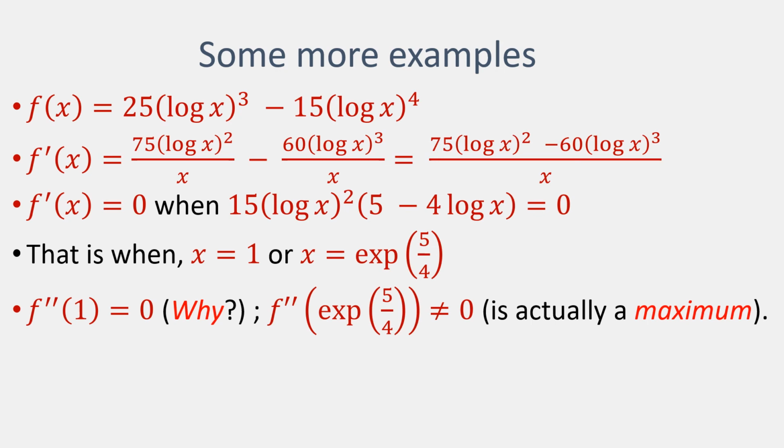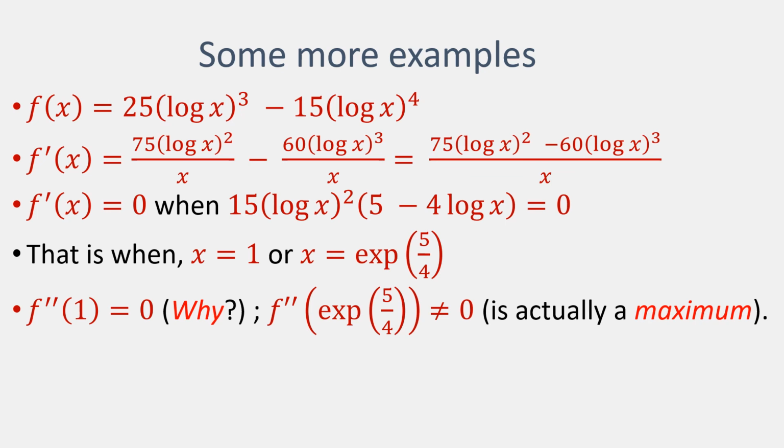We want to determine what the nature of those critical points is. Well, this is one example where we run into a problem. We have to look at the second derivative. And if we take the second derivative of this function, one thing that happens is the value of that function on one of the critical points turns out to be 0.